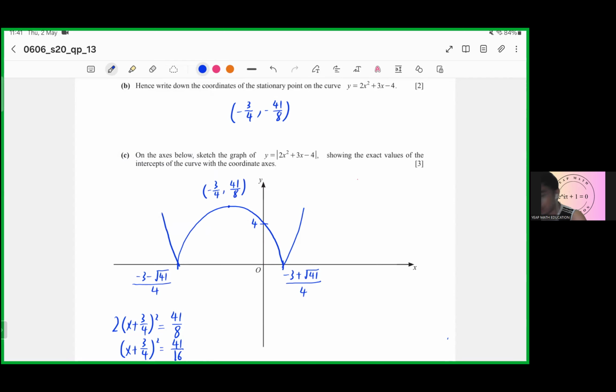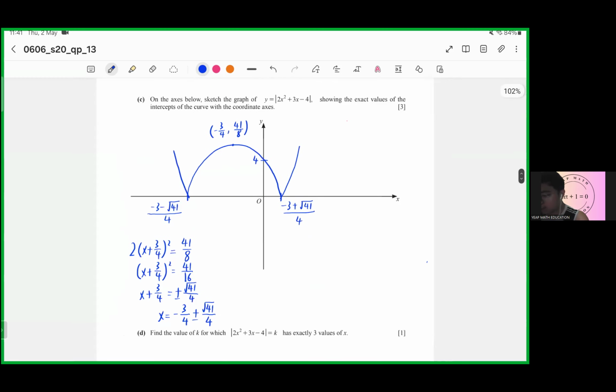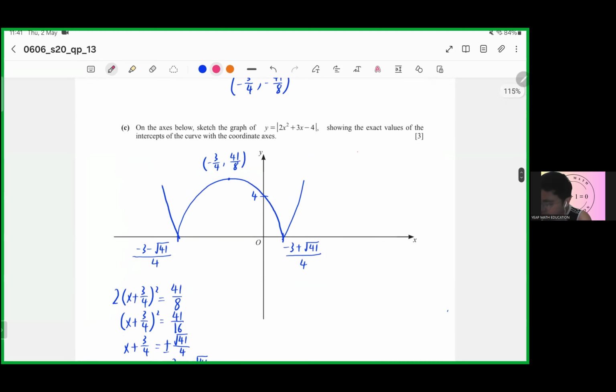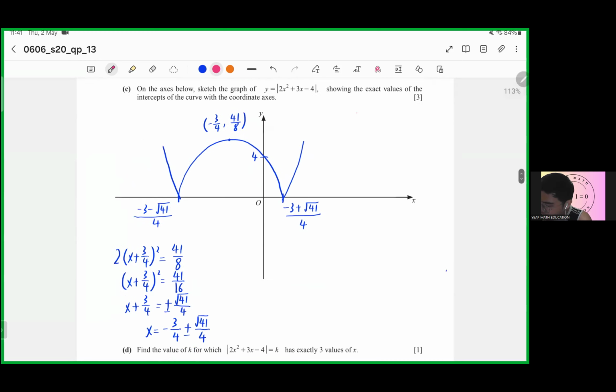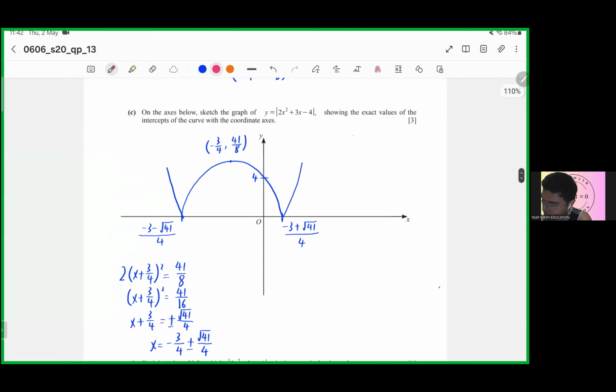After that, we look at question D. Find the value of k for which the modulus equals k has exactly 3 values of x. Now we can draw. Because k is the value of y, y equals k.